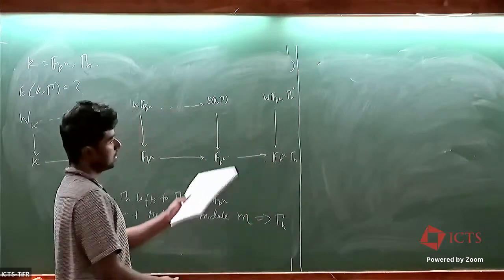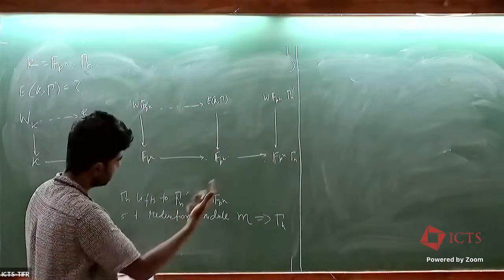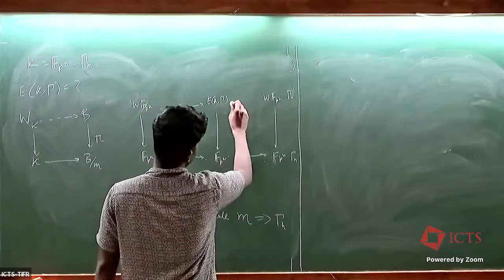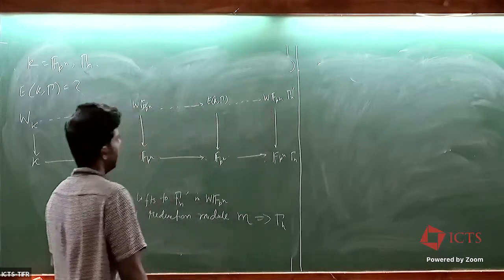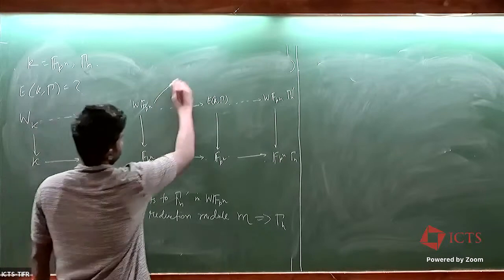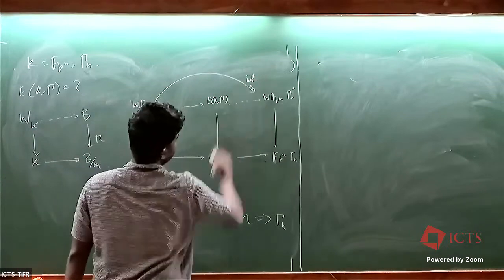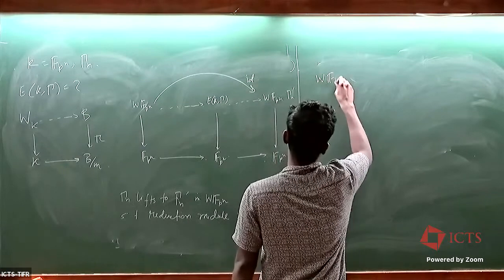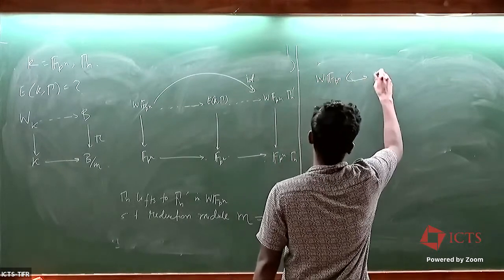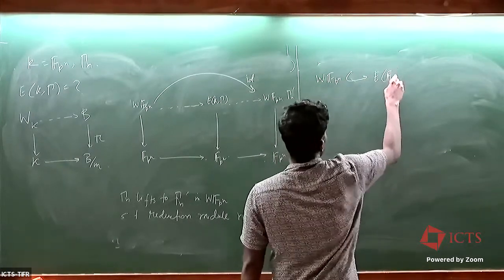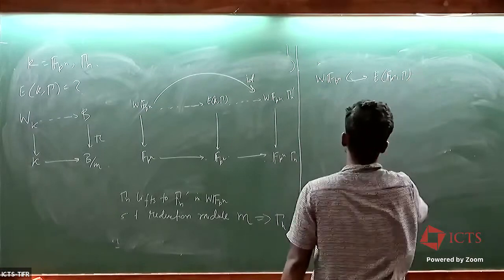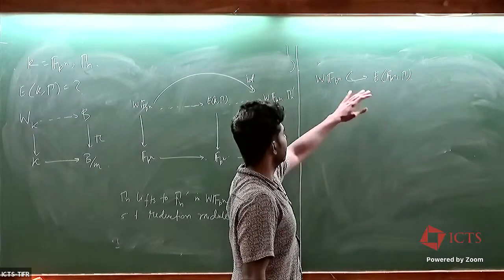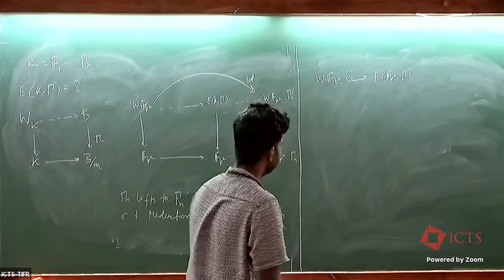Because of the universal property of this Lubin-Tate, I know this is co-represented by a map like this, and when you see the composition, basically this is the identity. So I can say that W(F_p^n) sits inside this E(F_p^n, gamma). So this is a W(F_p^n) algebra.